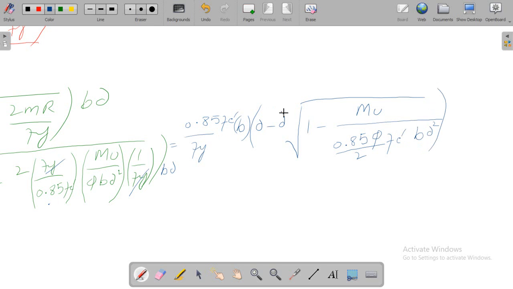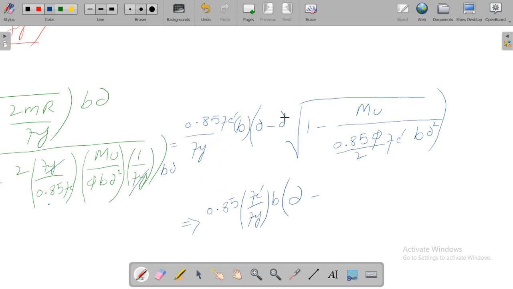So now we have to multiply this d, or we have to bring this d inside this square root. So let me bring this value 0.85 fc prime divided by fy into b. Now here is d minus.